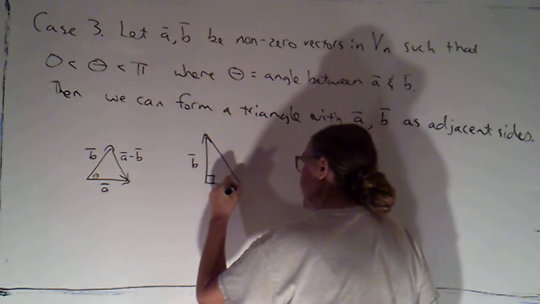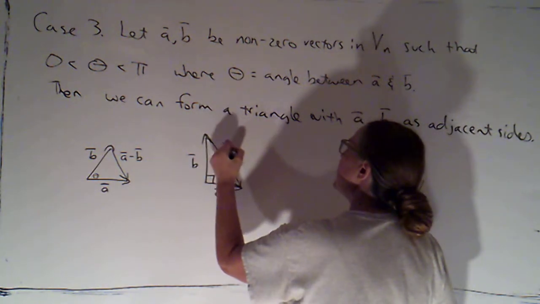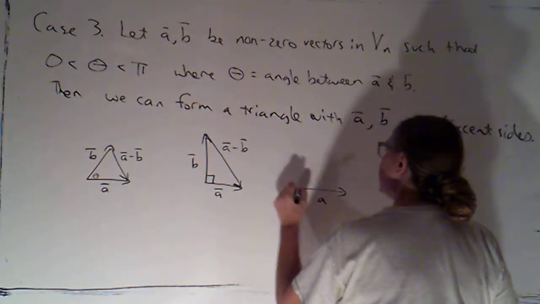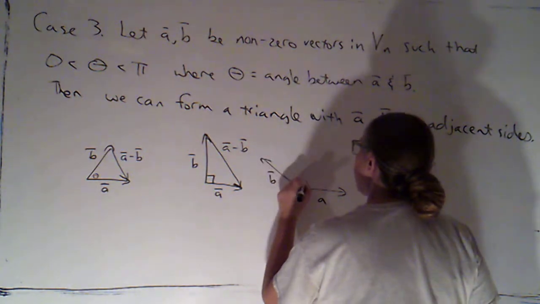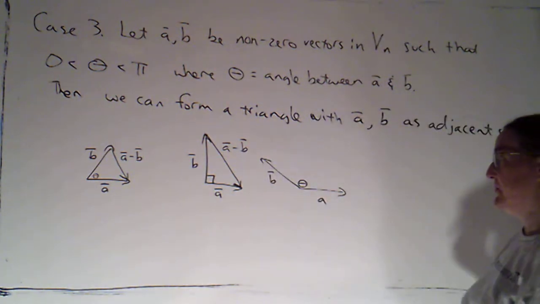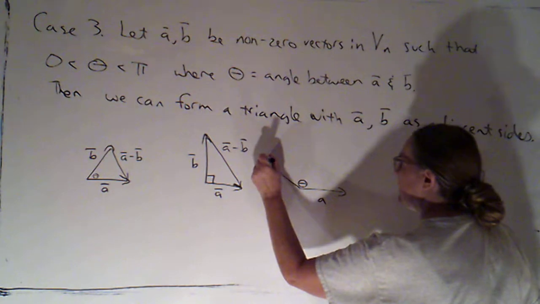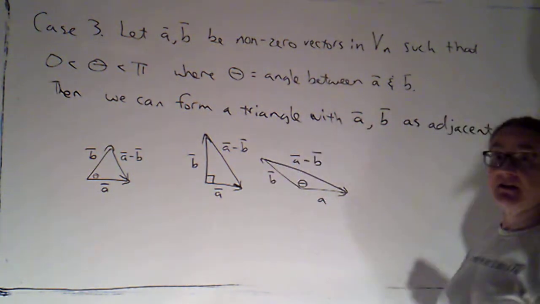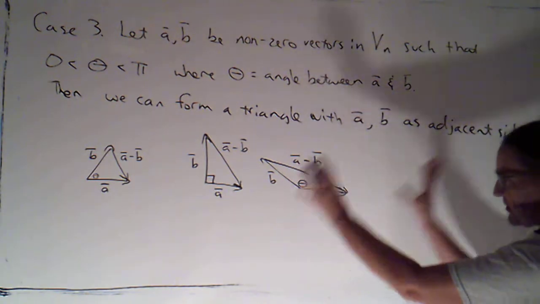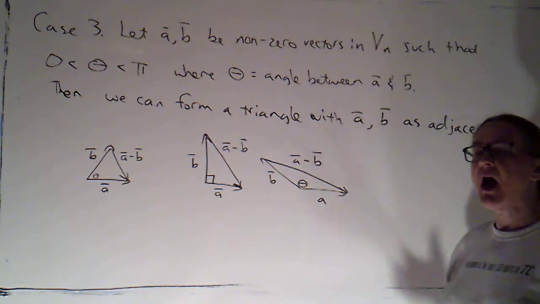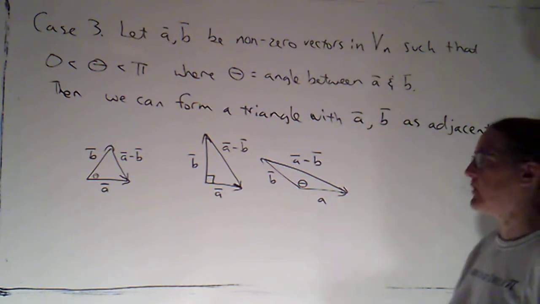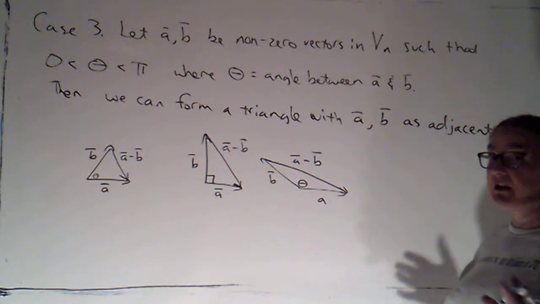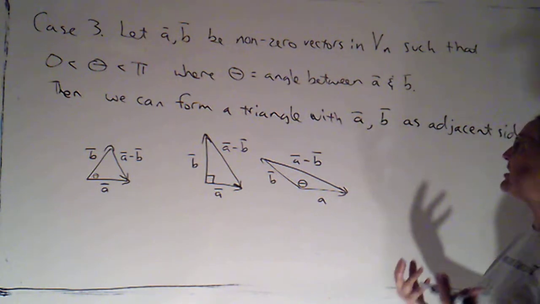And the third side, I could still make be A minus B. And if I had A here and B here, so that theta was an obtuse angle, I could still form a triangle, and the third side would still be A minus B. So I'm using a picture so that I have a triangle to look at, but I am not making a specific choice that I have an acute triangle or a right triangle or an obtuse triangle. All I'm saying is I have a triangle.